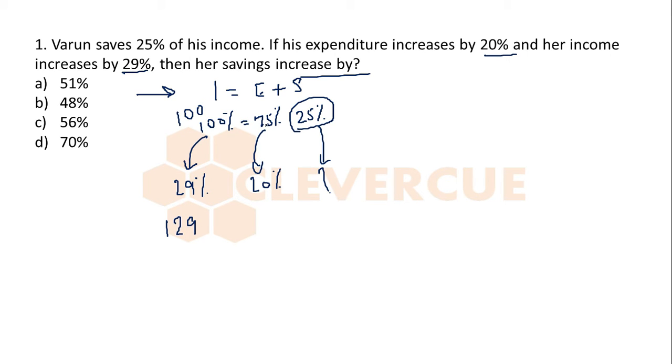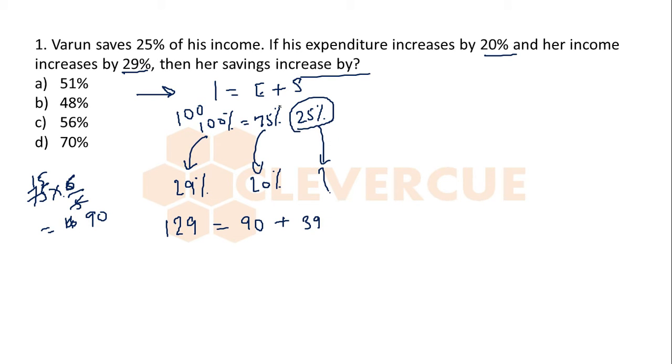And if 75 is the expenditure when 100 is the income, then with a 20% increase the expenditure will be 75 into 6 by 5, which is equal to 90, that is 15 into 6. So the savings will be 129 minus 90, which is equal to 39.